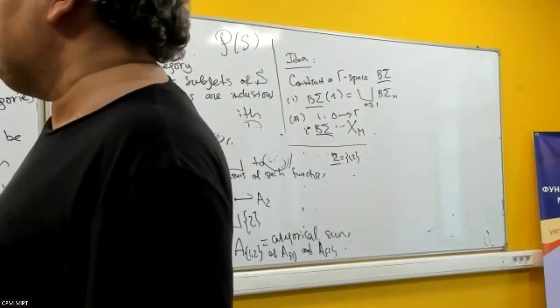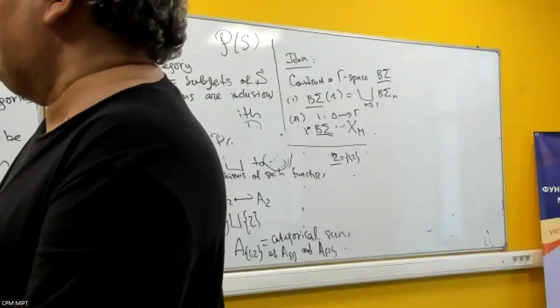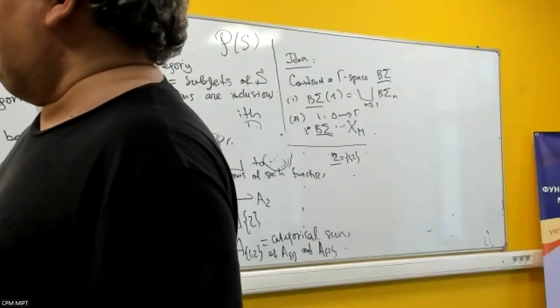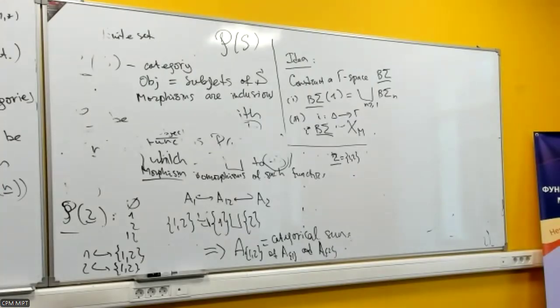And this should be deduced from the fact that B sigma 1 is, unlike in general, for a general gamma space, already a strictly associative monoid, and we prove it categorically. So we first make some categorical equivalence of that and show that the simplicial operators act.